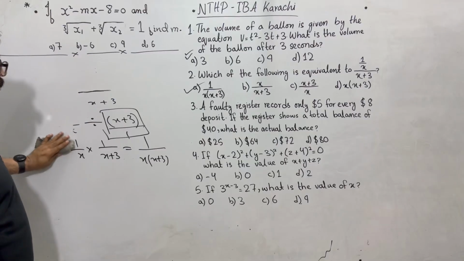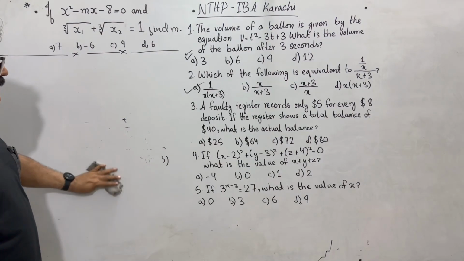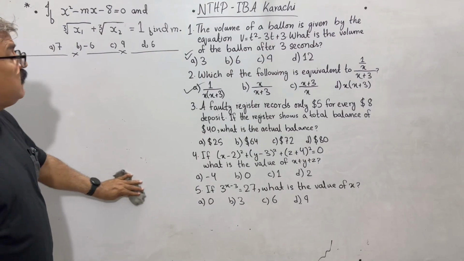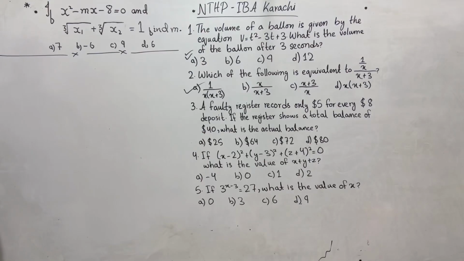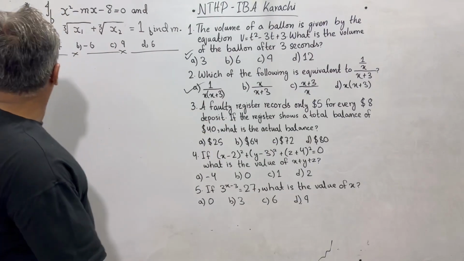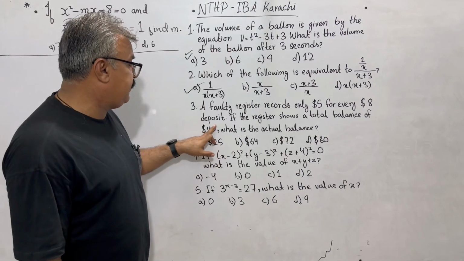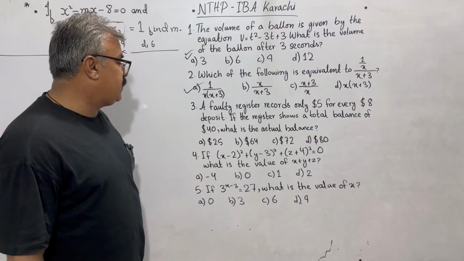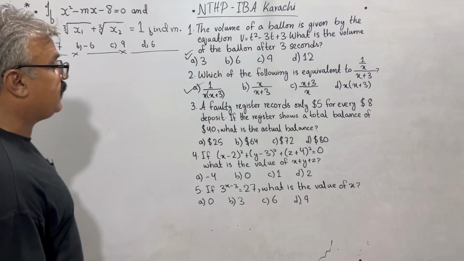What about question number 3? It reads: a faulty register records only $5 for every $8 deposit. If the register shows a total balance of $40, what is the actual balance?